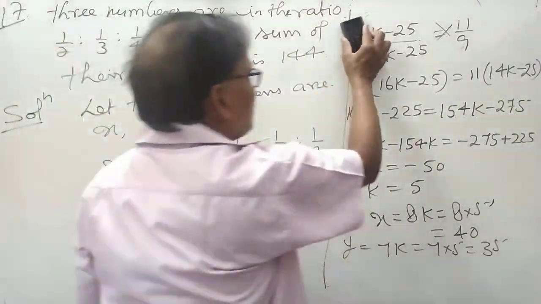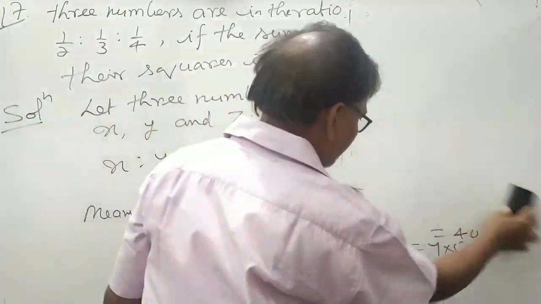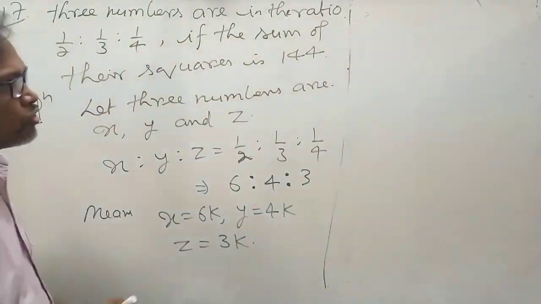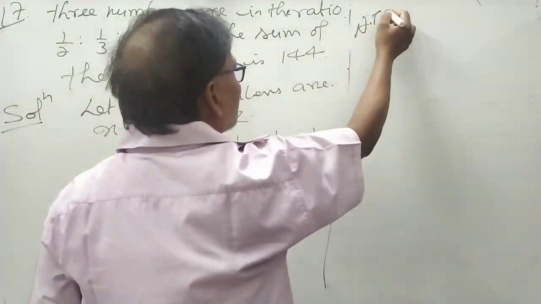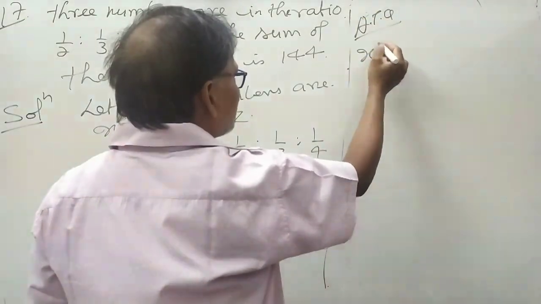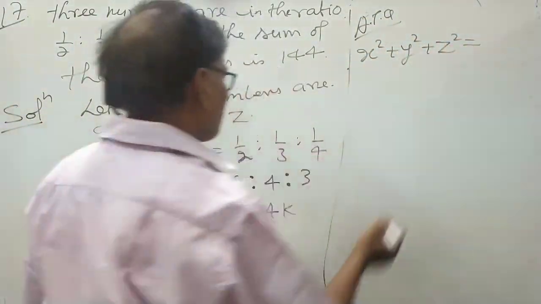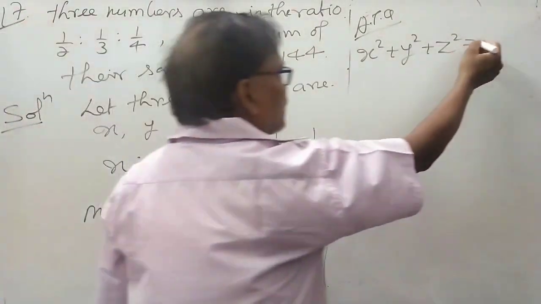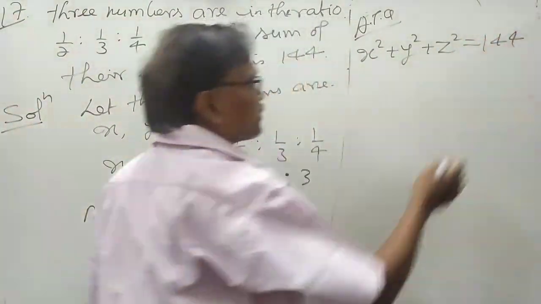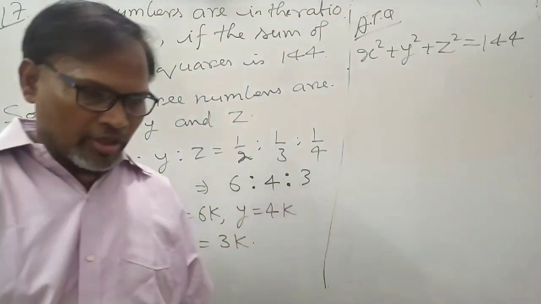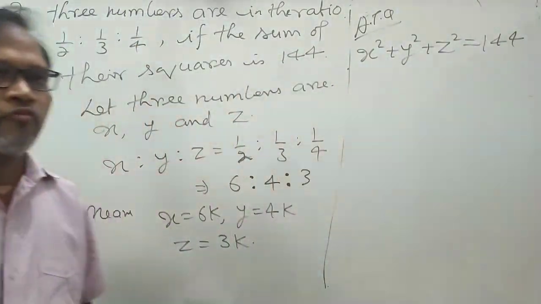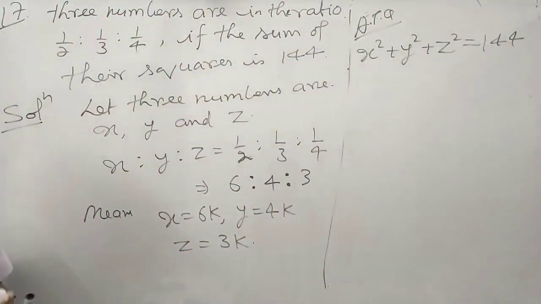Now take the squares and take the sum, because according to the question, x square plus y square plus z square is equal to 144. Put the values of x, y and z.